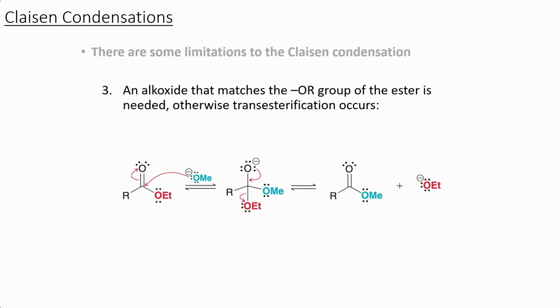The final limitation of this reaction is that the alkoxide that we use must match the OR group of the ester, otherwise we will obtain transesterification when the base attacks the carbonyl compound and ejects the other group, so then we would end up with a mixture of the two products, which we don't want.